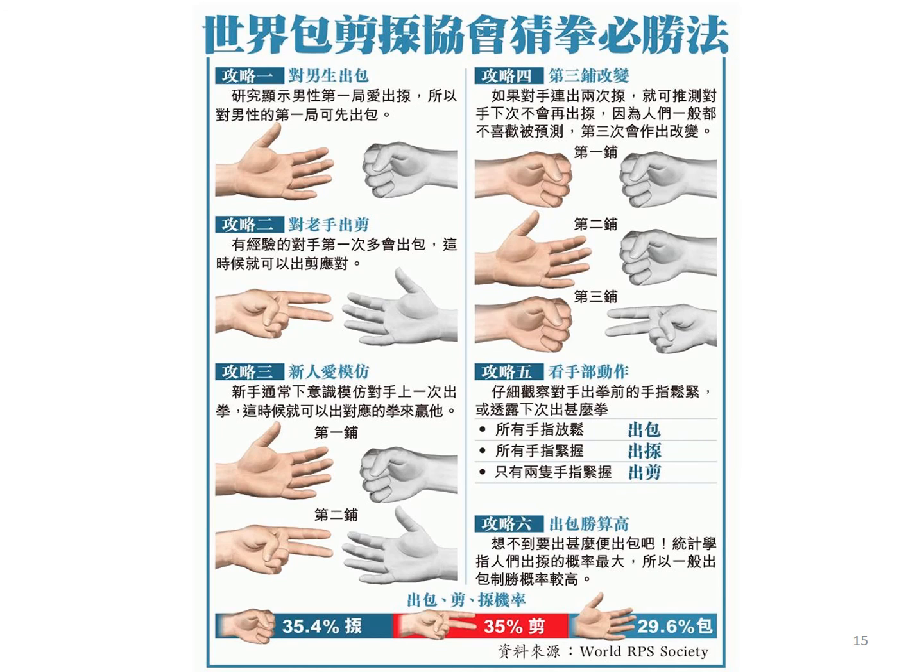Based on the summary statistics of the World Rock, Paper, and Scissors Society, people overall have a 35.4 percent chance of picking rock, which means that if you use paper, that gives you the highest chance of winning overall.